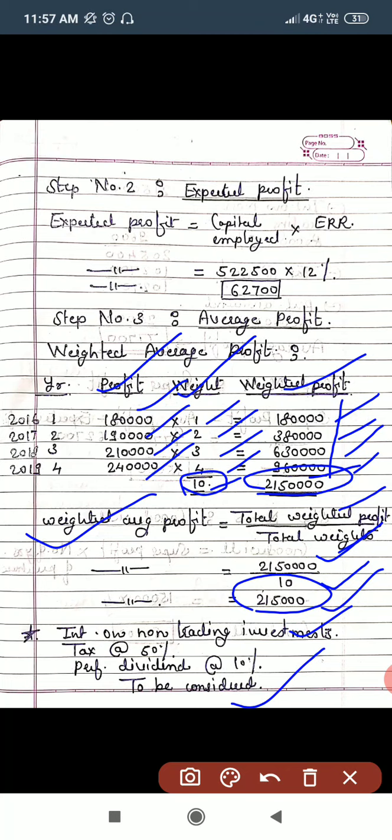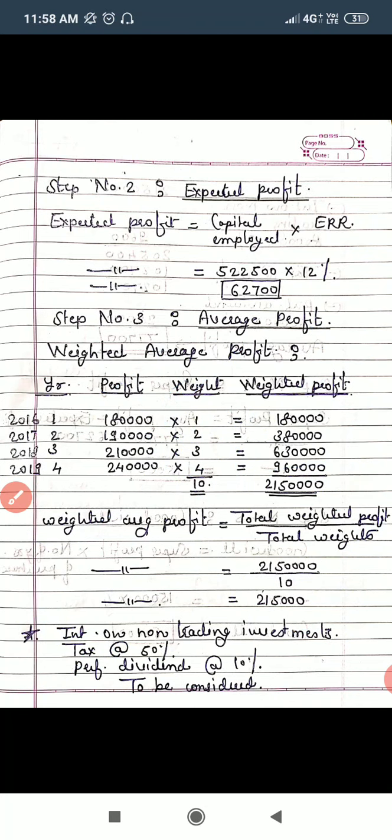So that is why you have to deduct the interest which you have earned from the non-trading investment. Next, your obligation is payment of tax, at the rate of 50%, and the last one, preference dividend at the rate of 10%. These 3 things you have to take into consideration while you calculate your average profit.